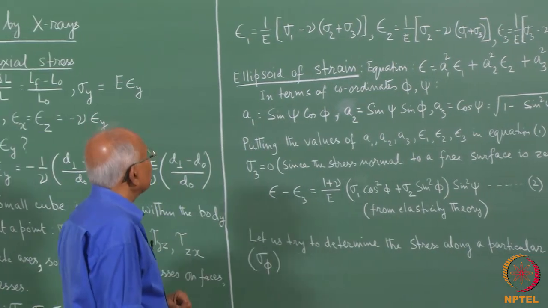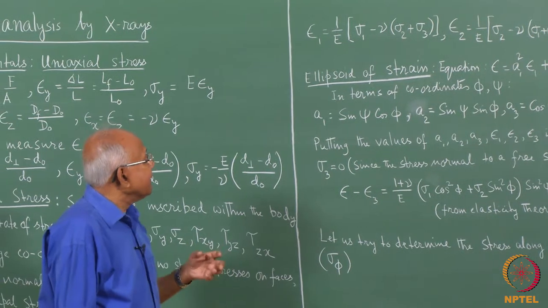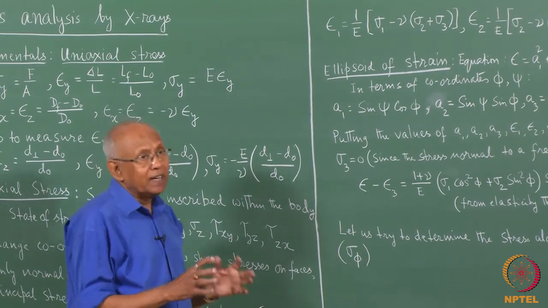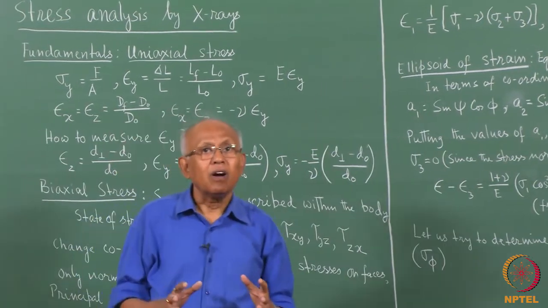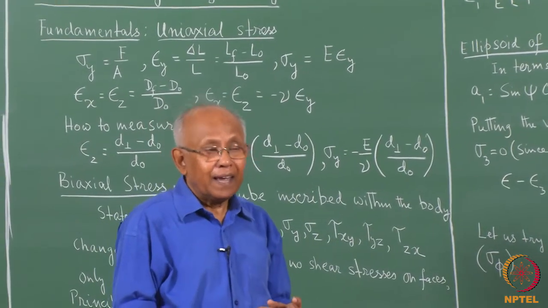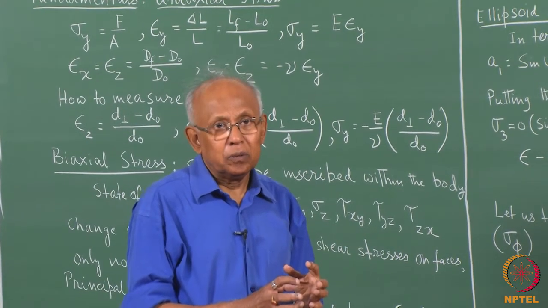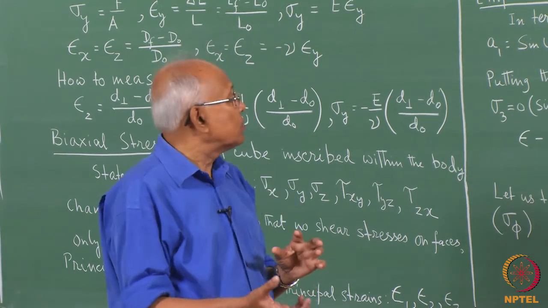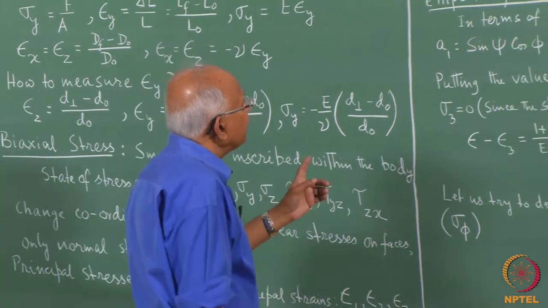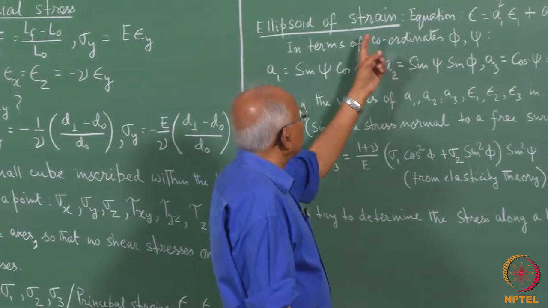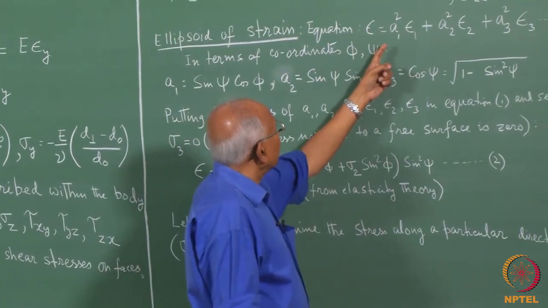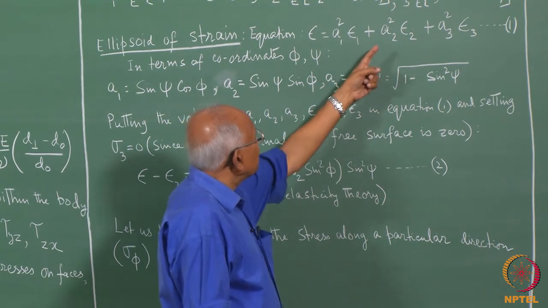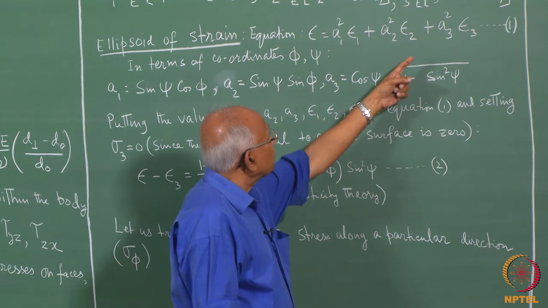Now, we can talk about what is known as an ellipsoid of strain. Say for example, if there is a homogeneous elastic deformation of a material, then a sphere element within the material will be turned into an ellipsoid, and the equation for that ellipsoid of strain is epsilon equal to A1 square epsilon 1 plus A2 square epsilon 2 plus A3 square epsilon 3.